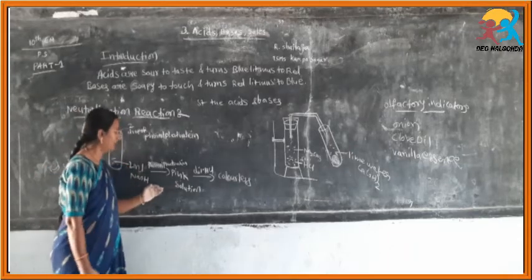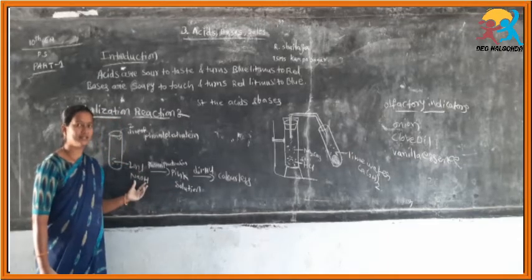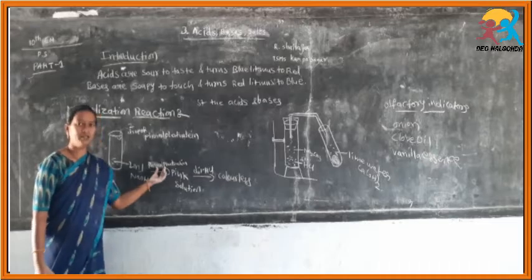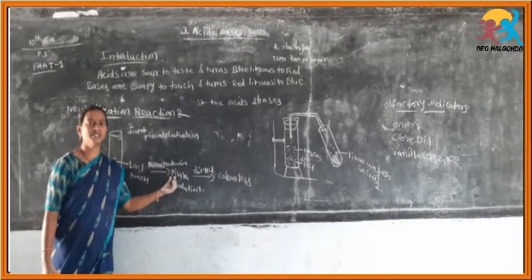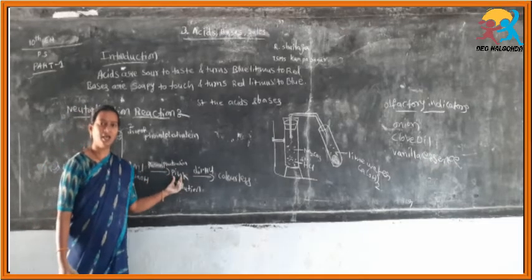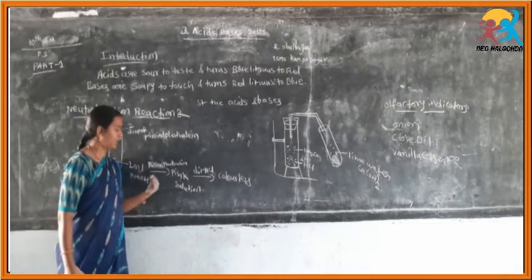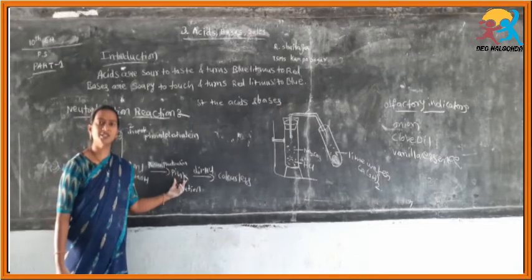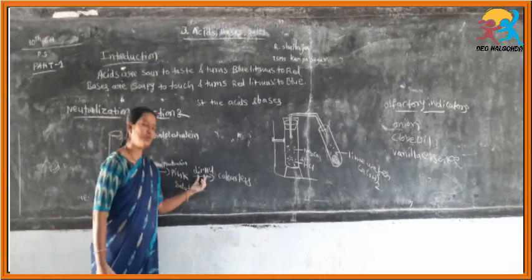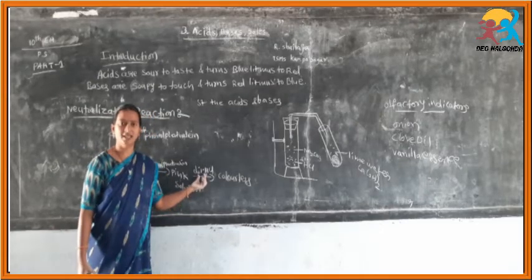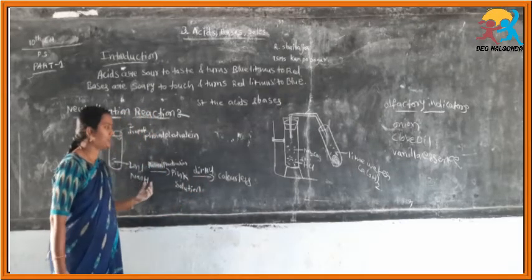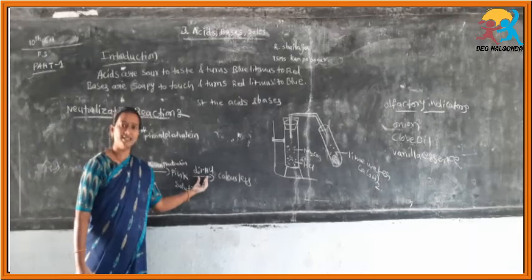Why? First the base is there, and when you add phenolphthalein, the basic nature shows its effect on phenolphthalein as a pink colored solution. Next you add dilute HCl slowly, drop by drop, and the NaOH reacts with the HCl.